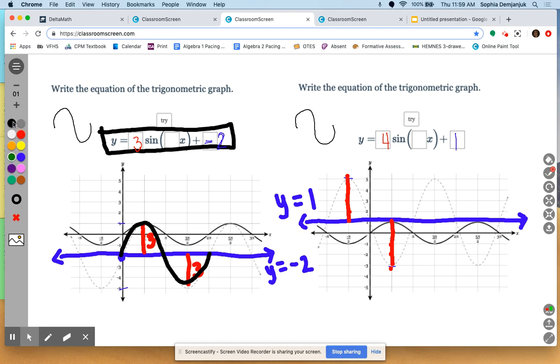Starting with my y-intercept, I have a low peak and then a high peak. So since I'm starting from the y-intercept, it goes low to high. That tells me that it's reflected upside down, and I'll throw a negative sign in front of that 4. And you have your final equation.